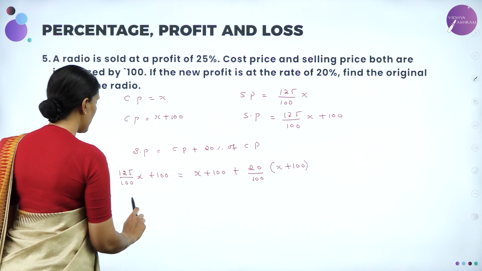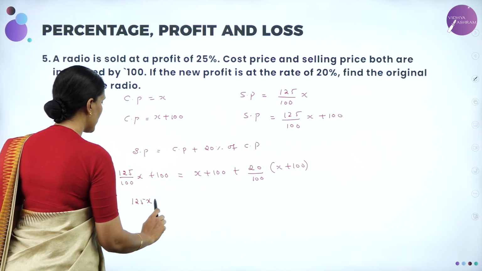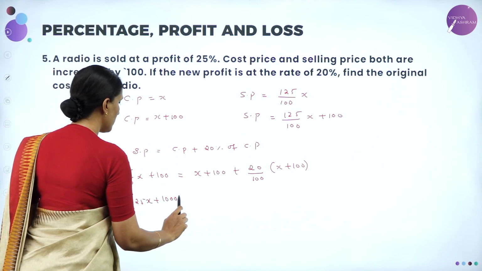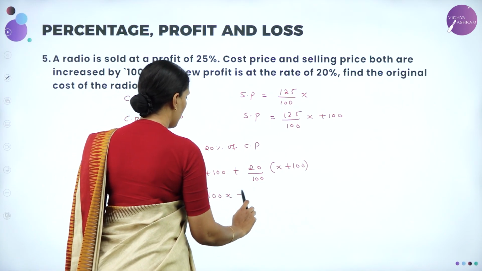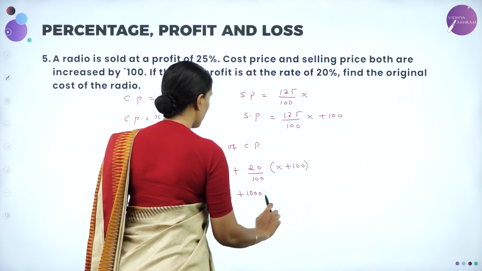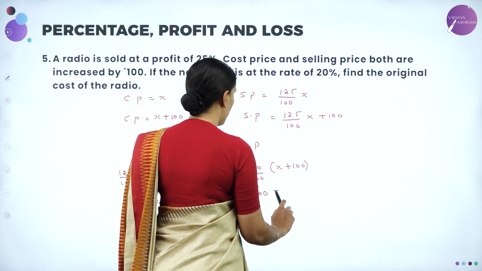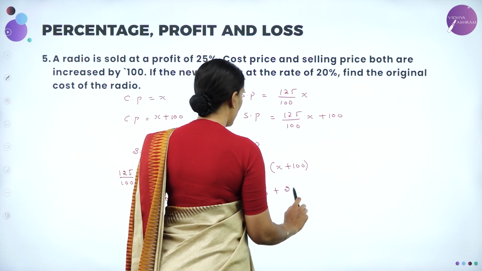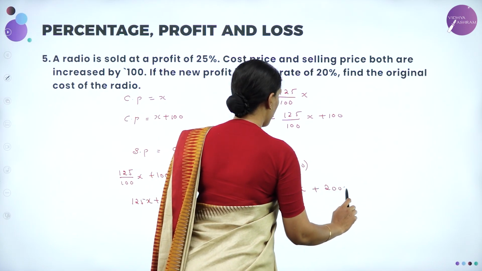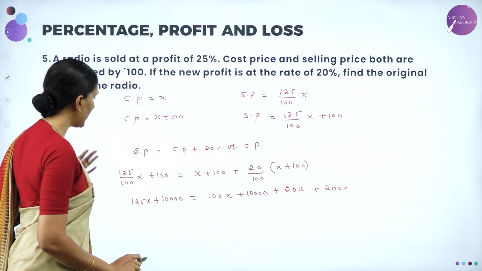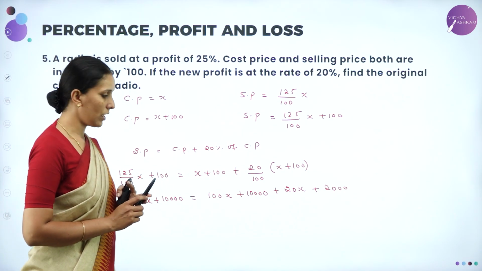So now here we'll get 125x plus 10,000, which is equal to 100x plus 10,000 plus 20x plus 2,000. So we can cancel the denominator 100 and 100 on both sides of the equation.